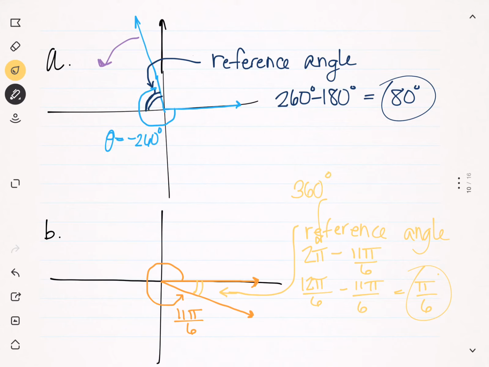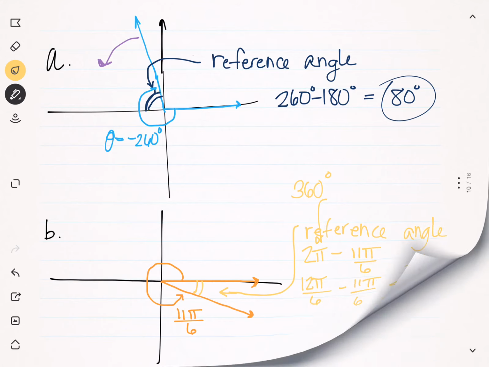So I'm taking the difference between 360 and my angle in radians, of course. So 2 pi is the same thing as 12 pi over 6, minus 11 pi over 6 gives me 1 pi over 6. So that is my reference angle. Okay. Remember, reference angles always have to be acute, so between 0 and 90, and then they have to be positive. Okay?